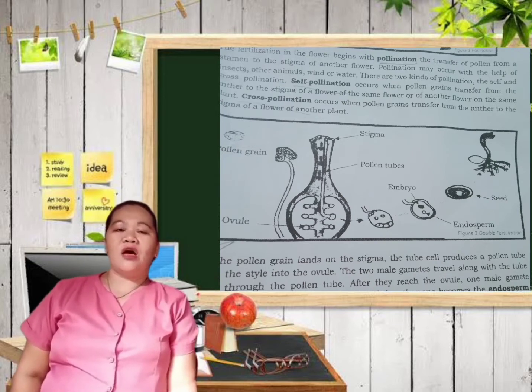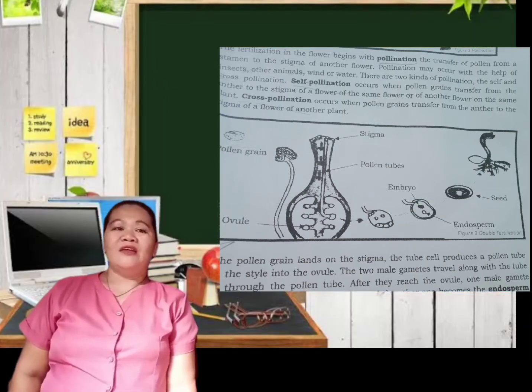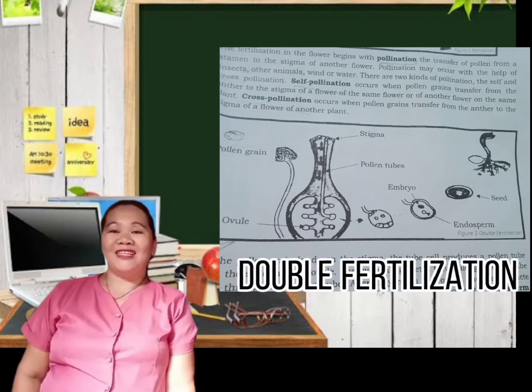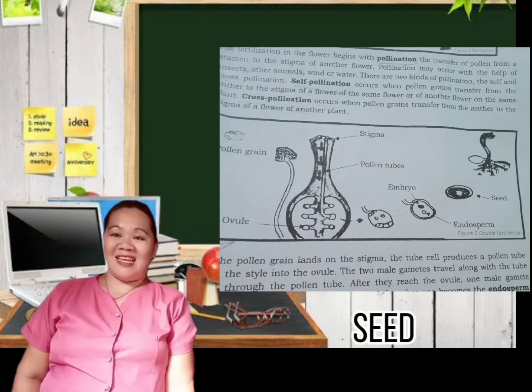After they reach the ovule, one male gamete fertilizes the egg and becomes the embryo, and the other one becomes the endosperm, the food for the embryo. This whole process is called double fertilization. After fertilization, the ovule becomes the seed.